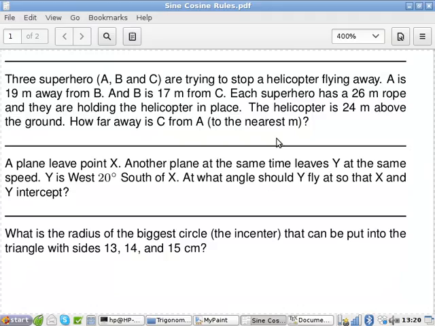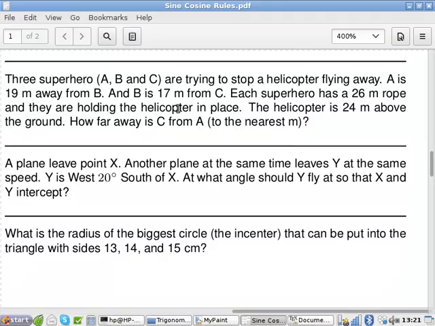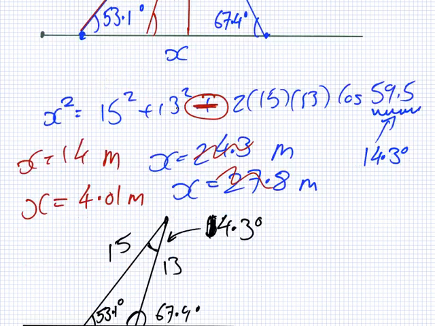Kinda, yeah. I'll draw what is happening here. So you have 3 superheroes, and they each have a rope, basically. And the first one, A, is 19 away from B, and then B is 17 away from C. So if we were to look from the top, here's A, here's B, and here's C from the top.